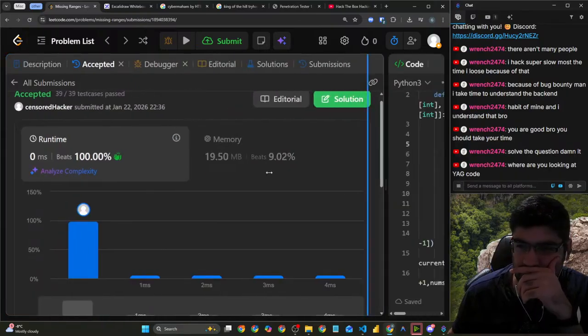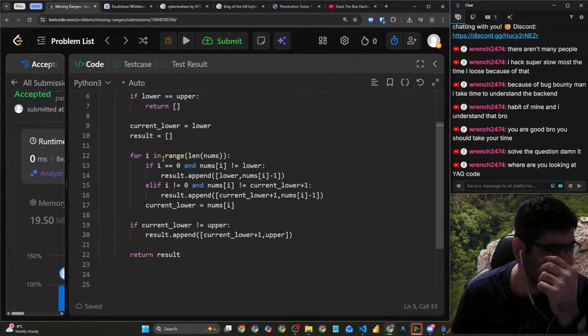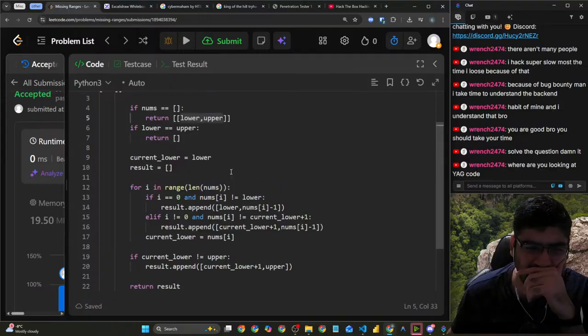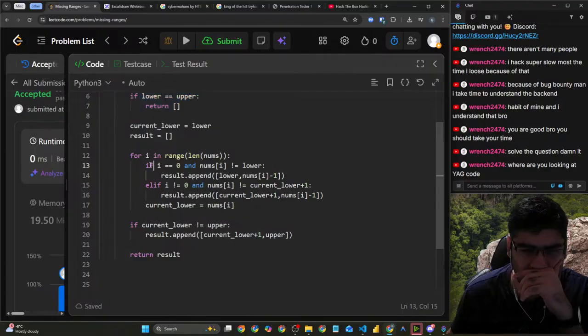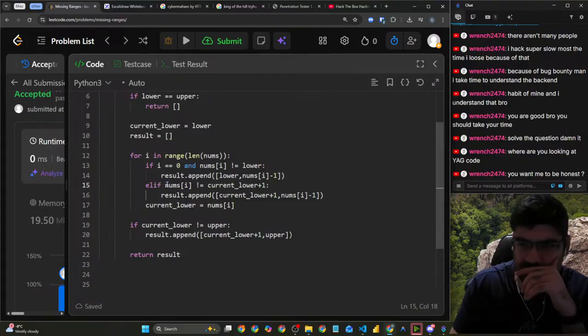This one I wrote as a little bit shit, honestly, I feel like. Is this good code? I don't think so, is it? Makes sense. These take both the edge cases. I'm not happy with this. I will do it this way.